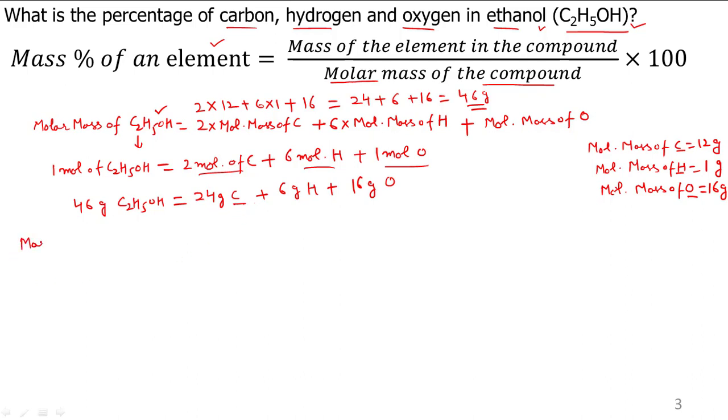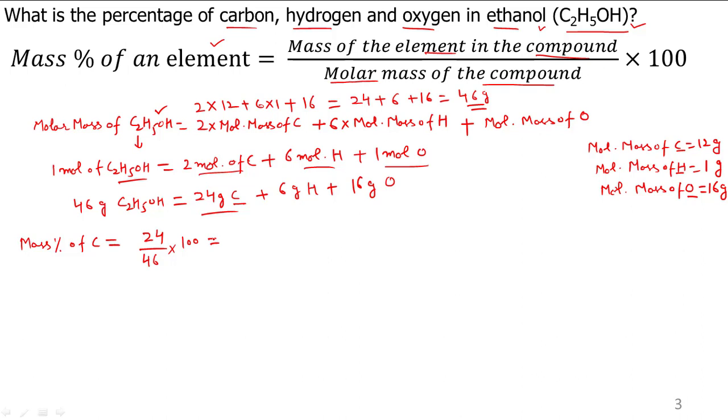So mass percentage of carbon is equal to mass of the element in the compound. So in C2H5OH we have 24 gram carbon, so we have 24 divided by molar mass of the compound, 46, into 100.